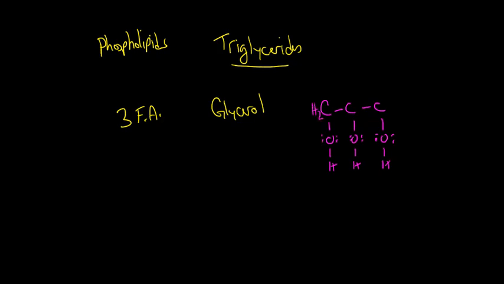So we have CH2 here, CH, and CH2. So this compound is glycerol. We have 3 alcohol functional groups that can all be modified. To those 3 alcohol groups we're going to attach our 3 fatty acids through a condensation reaction.